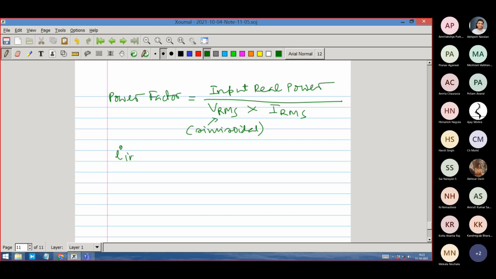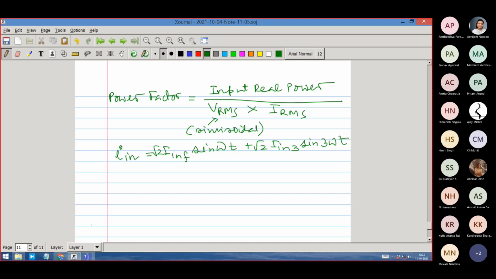I in is equal to, basically if I do the Fourier analysis, I in is equal to root 2 I in fundamental sine of omega t plus root 2 I in 3 sine of 3 omega t.